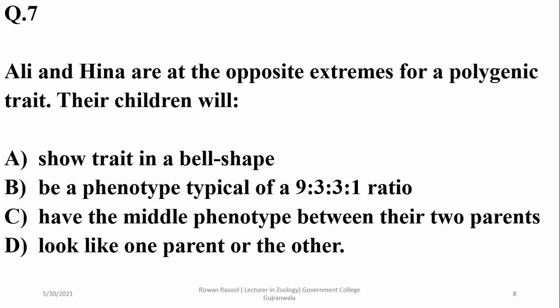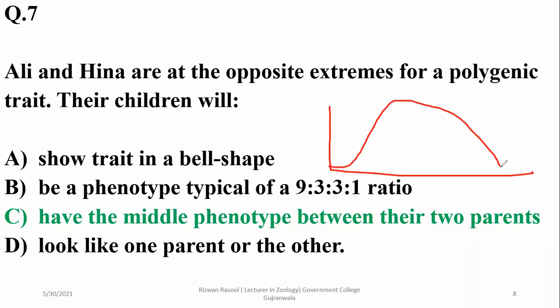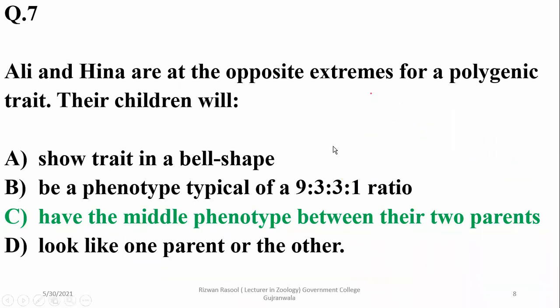We usually get a bell-shaped curve in the human population. Their children will have the middle phenotype, because extreme traits give rise to middle phenotypes. In the bell-shaped curve, extreme low and extreme high traits will produce intermediate phenotypes in more numerous numbers.